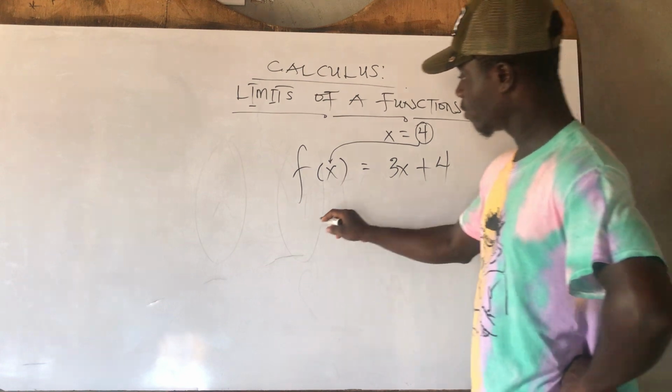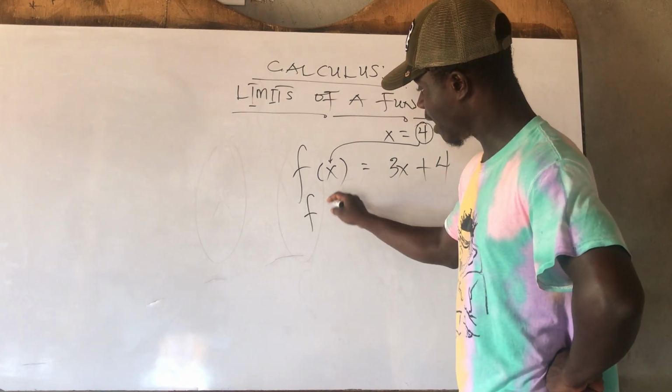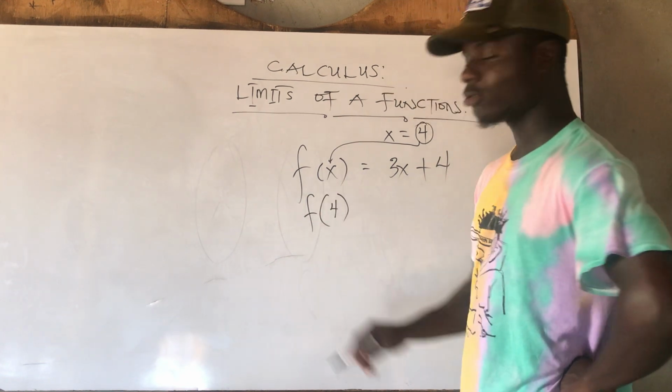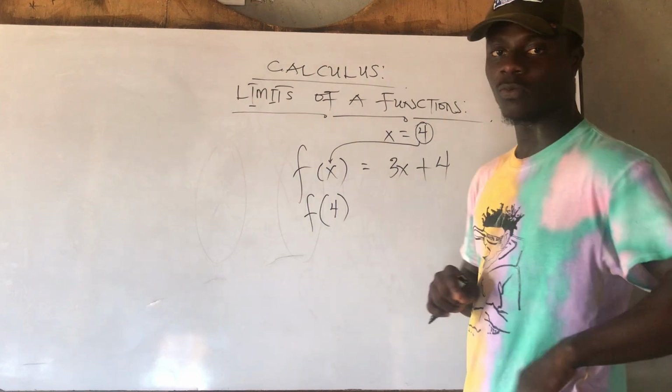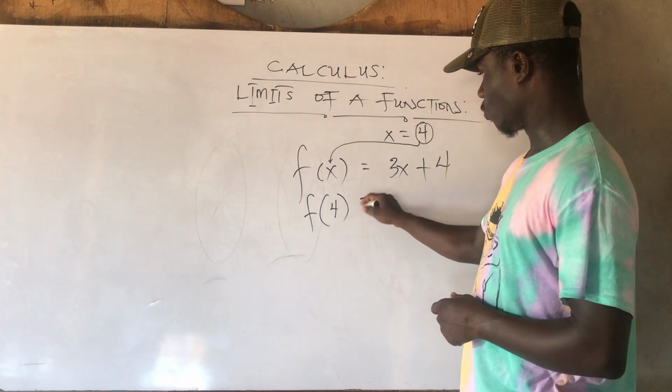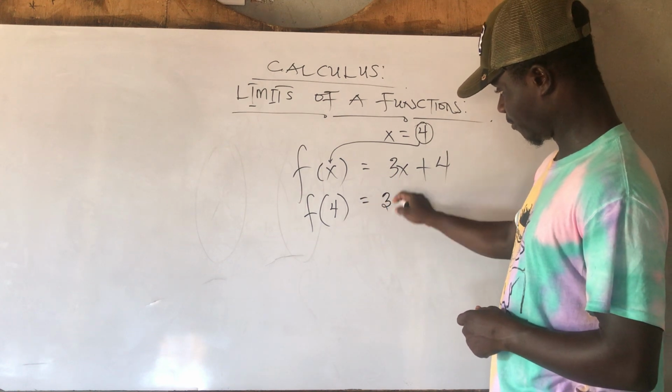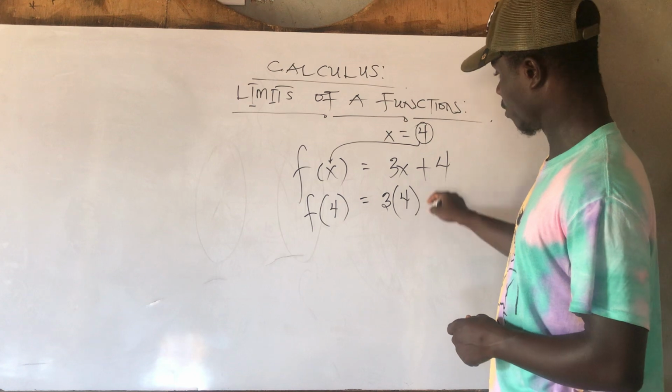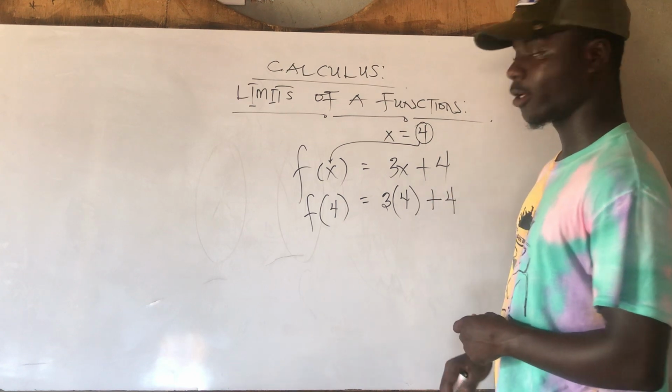So this tends to be f of 4. I'll plug in 4 where I see x, which must be equal to 3 times 4 plus 4.